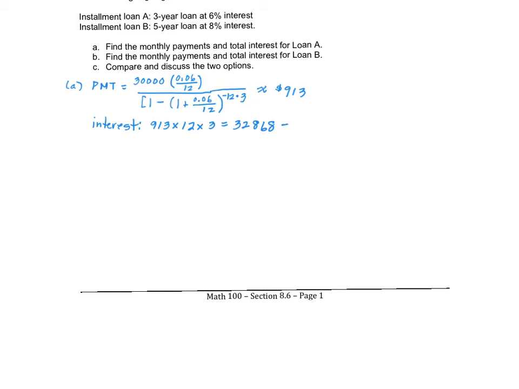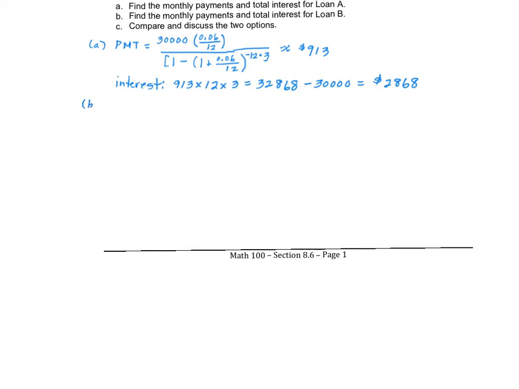So if we subtract the $30,000, which is the price of the car, what we get is $2,868. So we have our payments per month would be $913. The total interest we pay once we've paid the car off is $2,868.